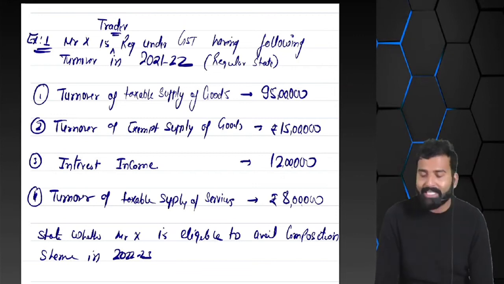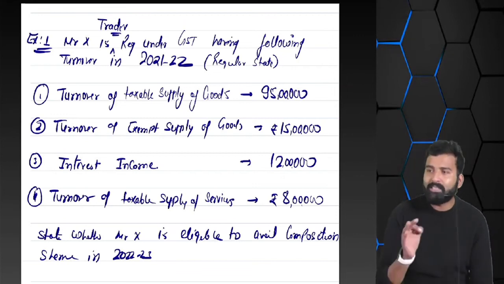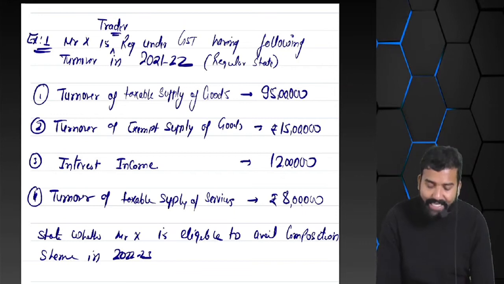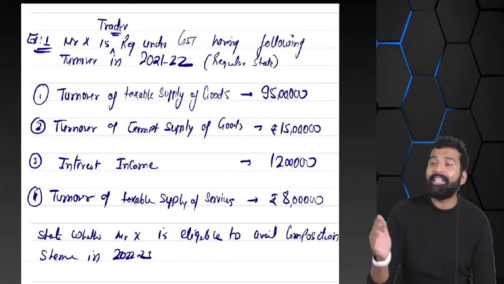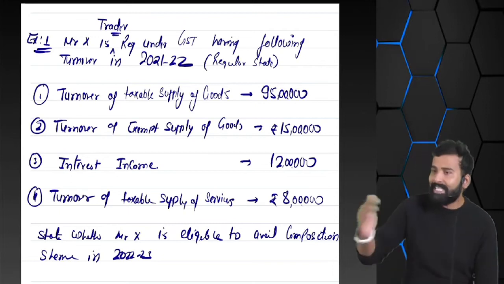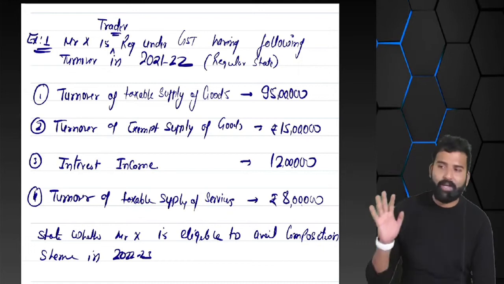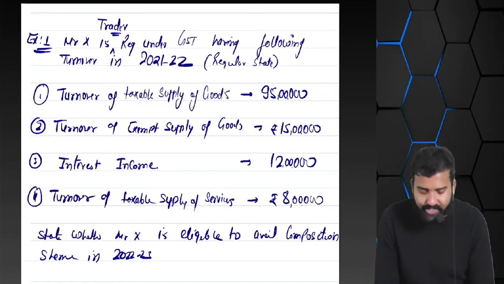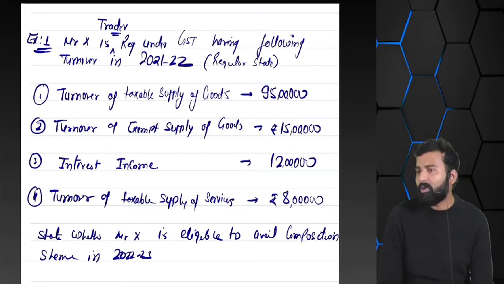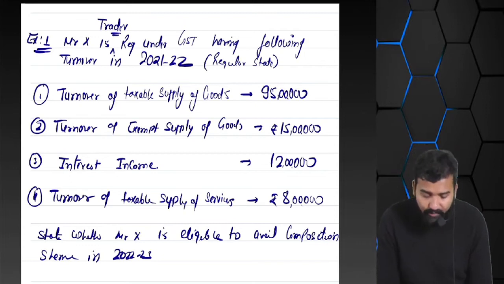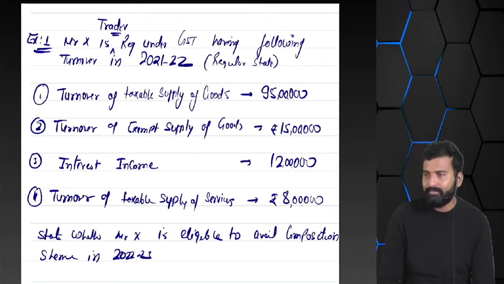So tell me what is his aggregate turnover, and whether he is eligible to avail composition scheme in 22-23, meaning in the next year. Start doing this question, calculate it on the calculator or anywhere, and tell me the aggregate turnover of 21-22. Therefore, we can decide whether he is eligible for composition in 22-23 or not. Let's start.